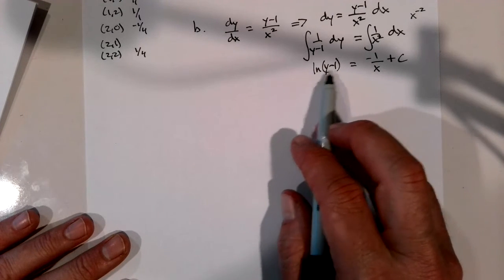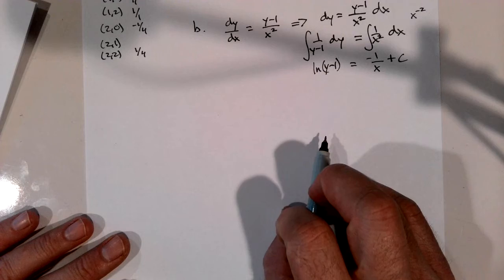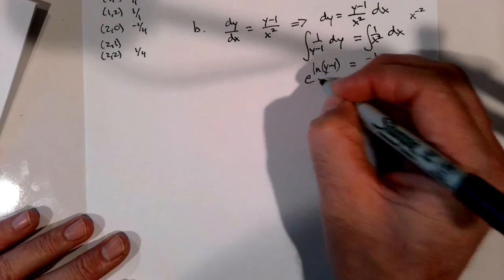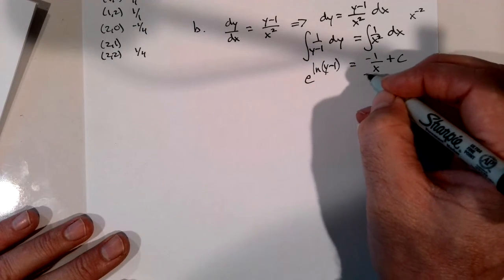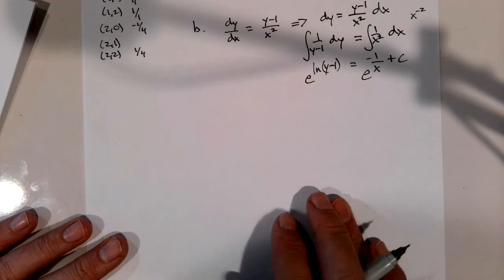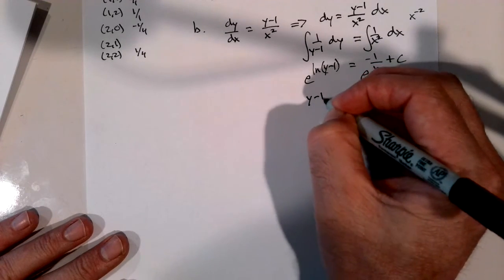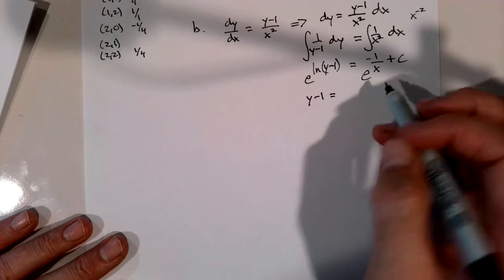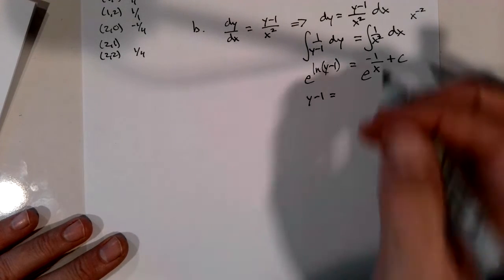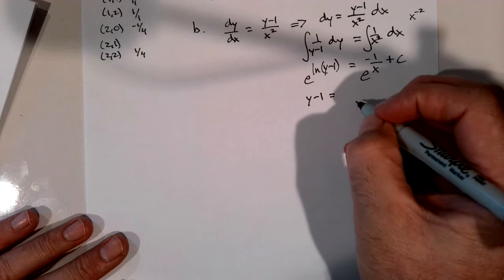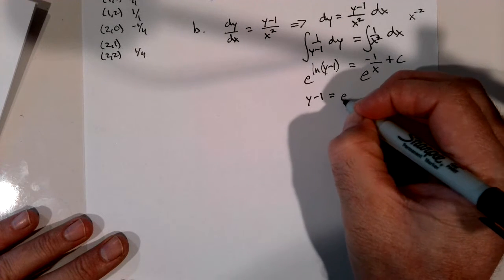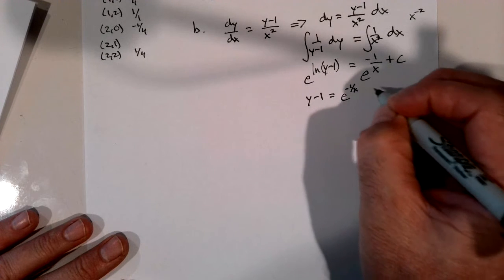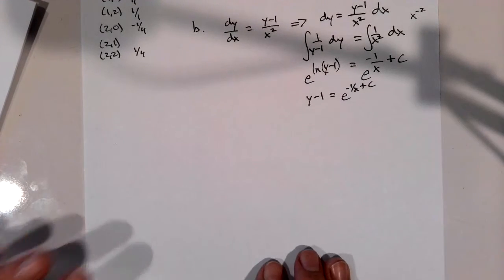You can't take the natural log of a negative. It's illegal. So let's get rid of that first before we try anything. We'll take it to the e power. I'm left with y minus 1 is equal to e to the -1 over x plus a constant up top there.